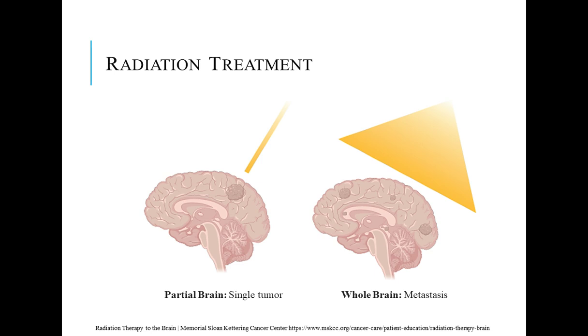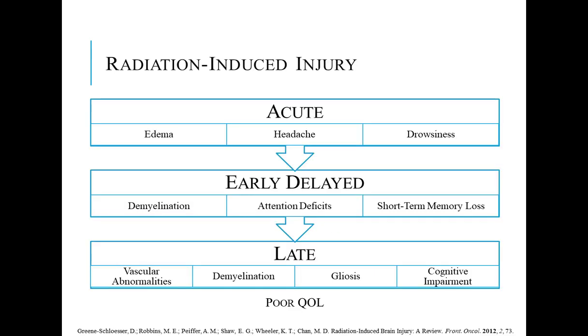Some of the injuries that have been documented from radiation therapy occur in stages. They start with acute injury, and these can be things as simple as headache and drowsiness. Then you see early delayed effects, where demyelination has been documented, attention deficits, and short-term memory loss.